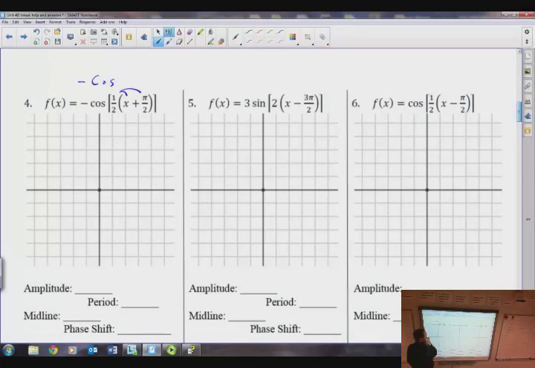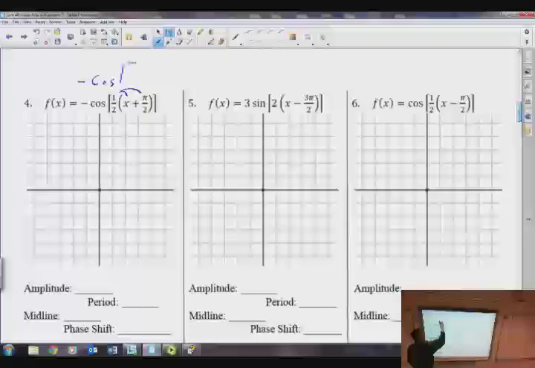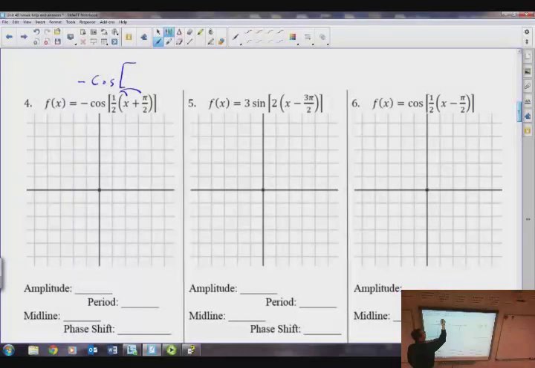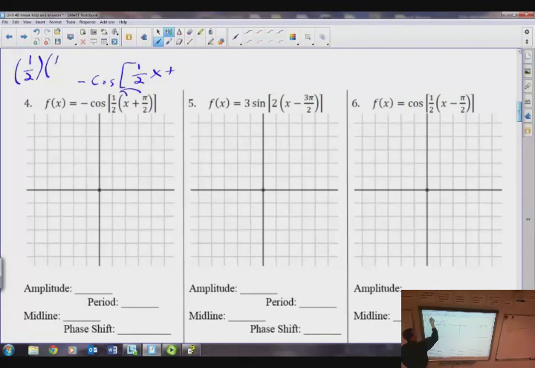So now we get negative cosine of a positive 1/2 x, and then a plus. We're going to have to multiply that half times the pi over 2, right? Because we're multiplying the half to the x and multiplying the half to the pi over 2.